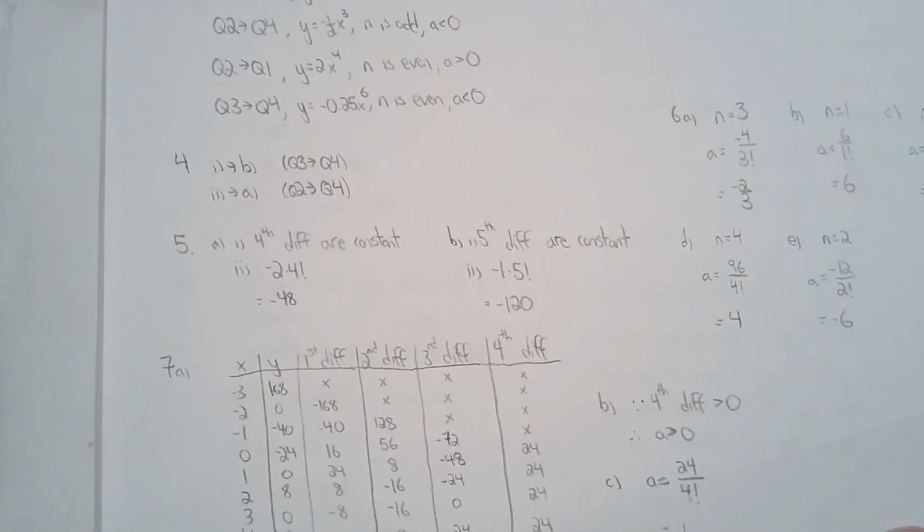For question 4, they ask us to match up the equation to the graph. So my strategy was just use the end behavior, because one of them was a quartic with a negative leading coefficient, and the other one was a quintic with a negative leading coefficient. So the end behaviors are totally different, and it's a dead giveaway to which graph is for which equation.